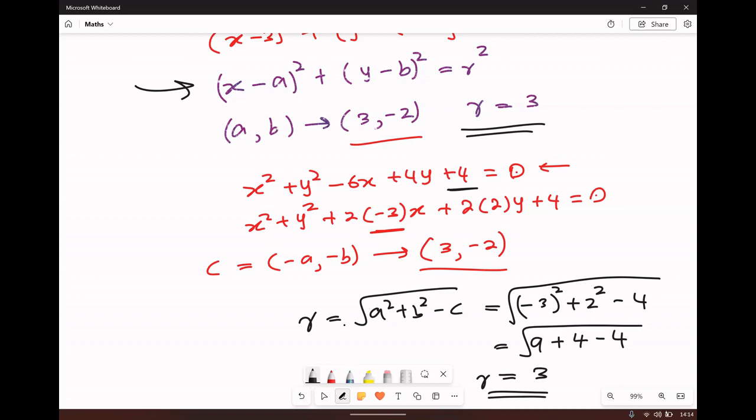Starting from that, we can go to the other format, or if there's a question in the other format, we can always convert into this format. This is the most convenient format that you want to use. So if we have something in the other format, we can always convert into this particular common format by completing the square.